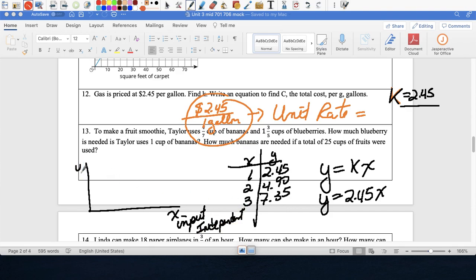Your y axis is here, which is also known as our output, our dependent variable. So in this case, writing the equation with C, the total cost, y represents the total cost that we spent, all that money. And C equals 2.45 times G. Same thing, except they wanted it in the context of the story: C for cost and G for gallons.